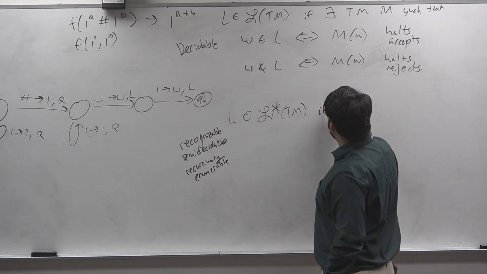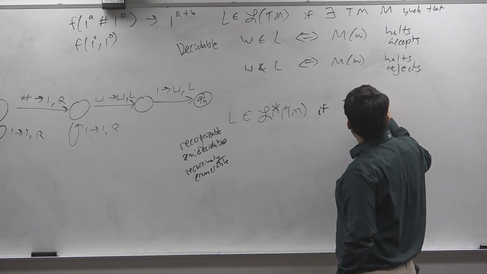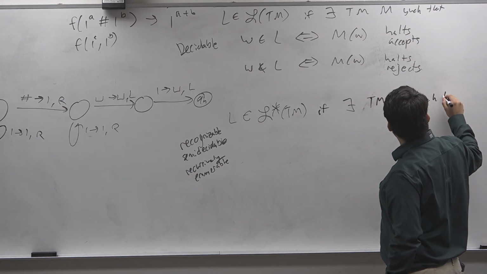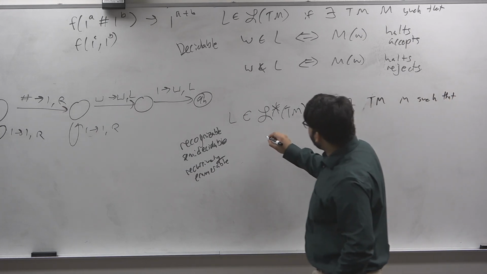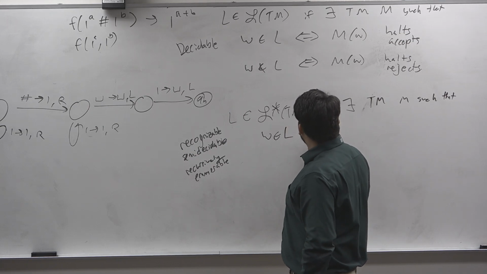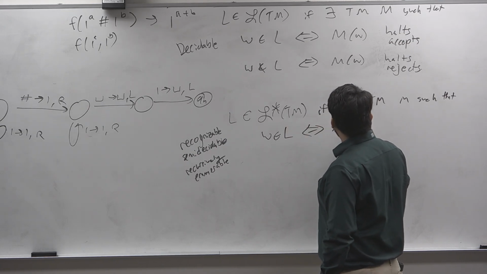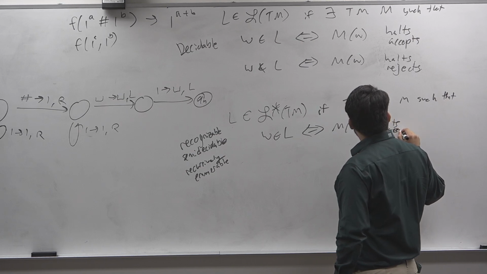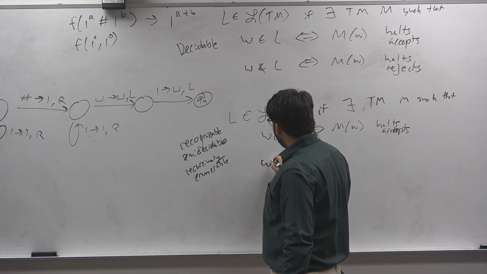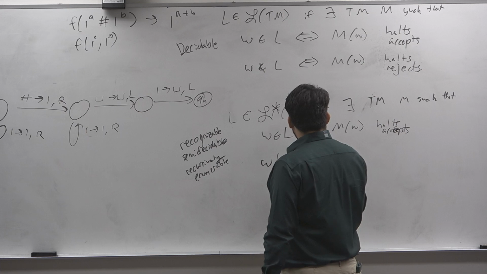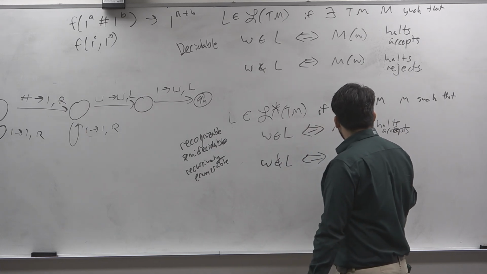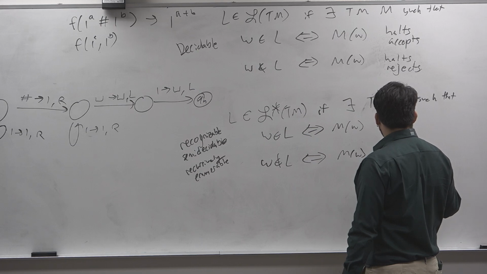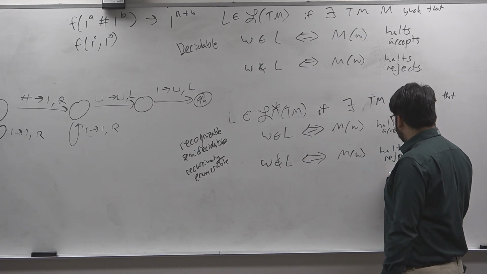Such that there exists a Turing machine M such that, if the answer is supposed to be yes, then M on input W halts and accepts. But if W is not in L, then M on W halts and rejects, or is stuck in a loop.